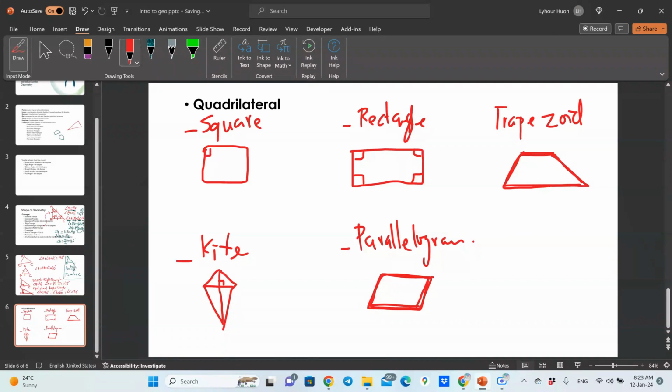It's like a rectangle, but all sides are equal, right? If all sides are equal, then it is a square. What is the area of a square? How do we calculate the area of a square? Isn't it like length times width?